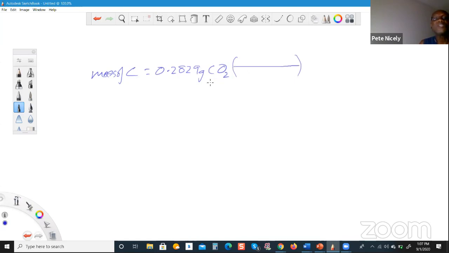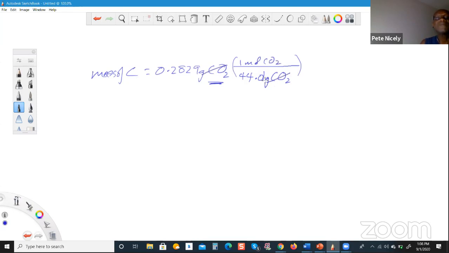So of course we have to find the molar mass of CO2, which means that we have to go to the periodic table. We add up the molar masses of carbon, which is 12.01, and oxygen, which is 16.00 multiplied by 2. That would give you 44.01 grams of CO2. And up here, you're going to have 1 mole of CO2, all right? So this goes with that.